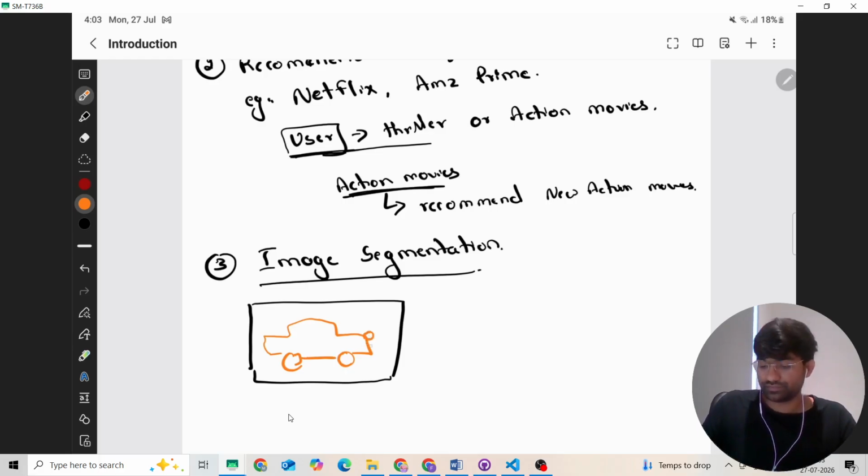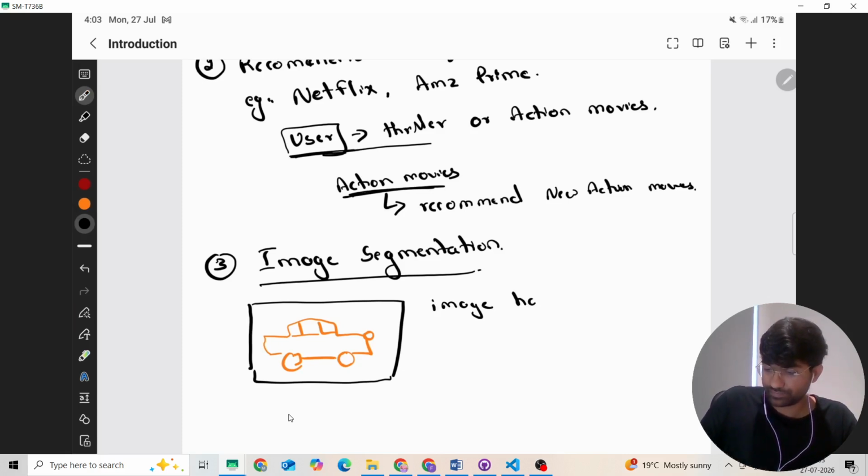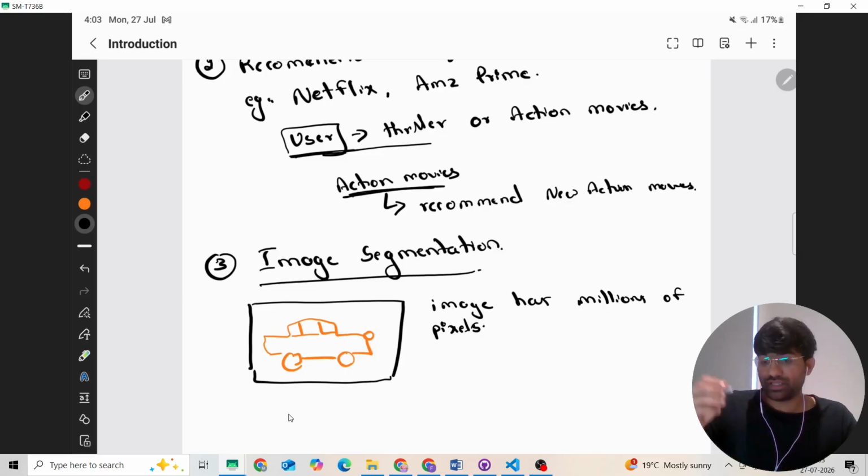Okay? An image has millions of pixels. We can use clustering to group the similar pixels.